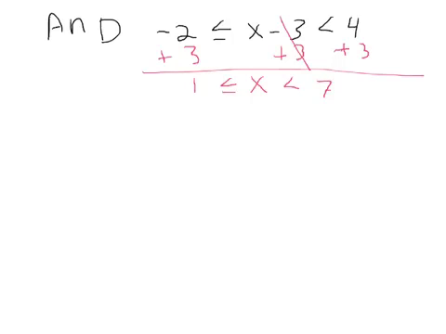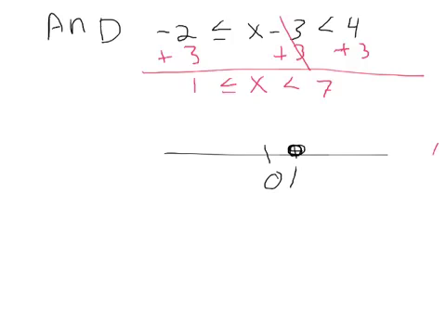Now I can finally graph this. I'm going to cover up one side and look just at this side. So here's my number line with my 0. I always put in numbers underneath, and I start at a positive 1, and I color it in because of this less than or equal to.